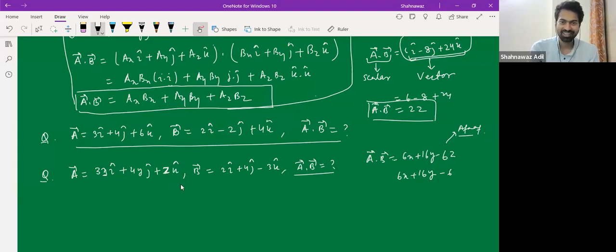You all thought that it is 2. This is z, guys. Sorry about my handwriting. So then it would be 3z. So this one is correct: 3x into 2, 6x, 4y into 4, 16y, and z into minus 3, so minus 3. Understood, guys?